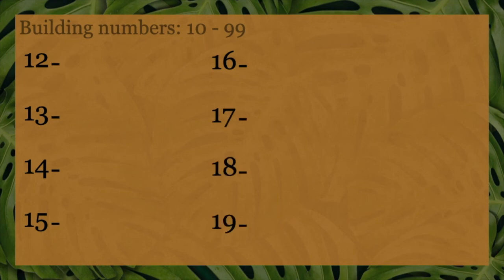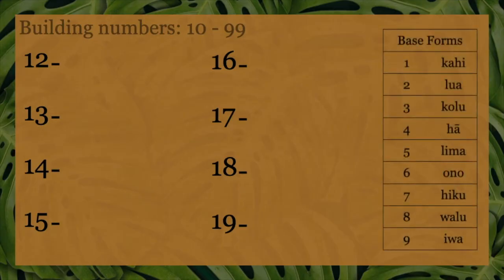And we'll use that same pattern to build 12 through 19. Let's remind ourselves of the base forms of the numbers 1 through 9, and let's build these numbers. We'll start with 12. Remember, we start with 10, which is umi, then our connecting phrase, kuma, and then our base form for 2, lua. Umi kuma lua, 12.